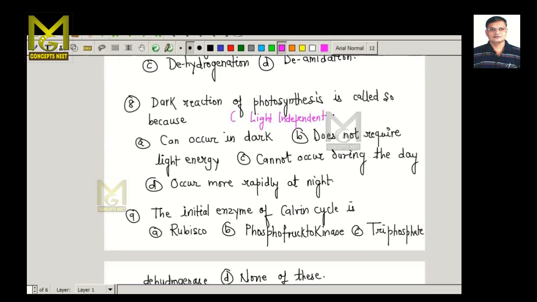The dark reaction takes place in the stroma of the chloroplast, and it does not require light. It depends on the products of the light reaction, but by itself it does not require light. Therefore, the correct option in this case is that it does not require light energy.